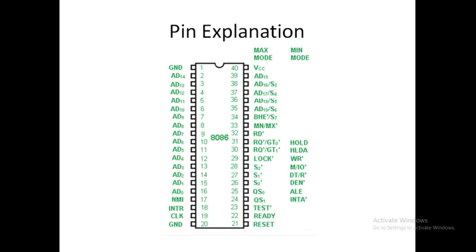Then after that, LOCK, pin 29, is an active low pin. It indicates that other system bus masters have not been allowed to gain control of the system bus while LOCK bar is active low. The LOCK signal will be active until the completion of the next instruction. So this is a maximum mode operation, pin 29 LOCK.